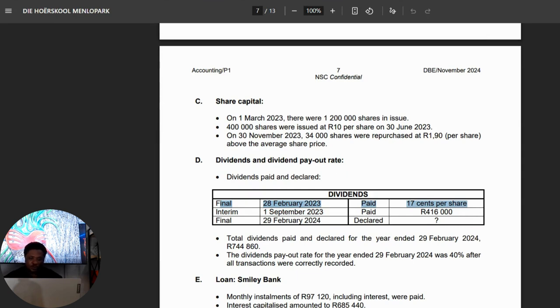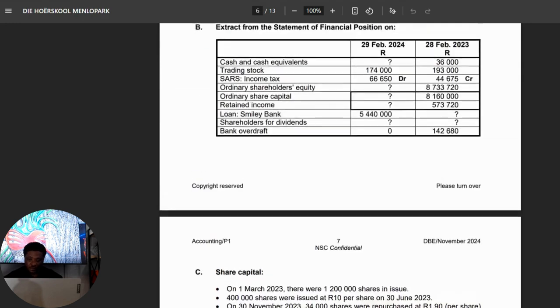So if you can figure out what that dividend was, because that would be the first amount you paid, then the second amount you paid would be the interim dividend. So if you can add those two, then we've got our dividends paid. So let me go to the information to see what the shareholders for dividends was at the beginning of the year, if it was given.